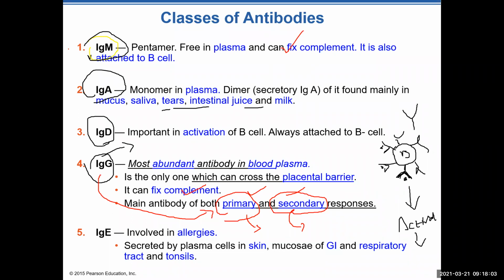And the most important thing about IgG is that this is the only antibody which can cross the placental barrier and reach the baby. I would like to share something interesting with you. Did you hear a recent news that a female who was pregnant was given a vaccine against the coronavirus?